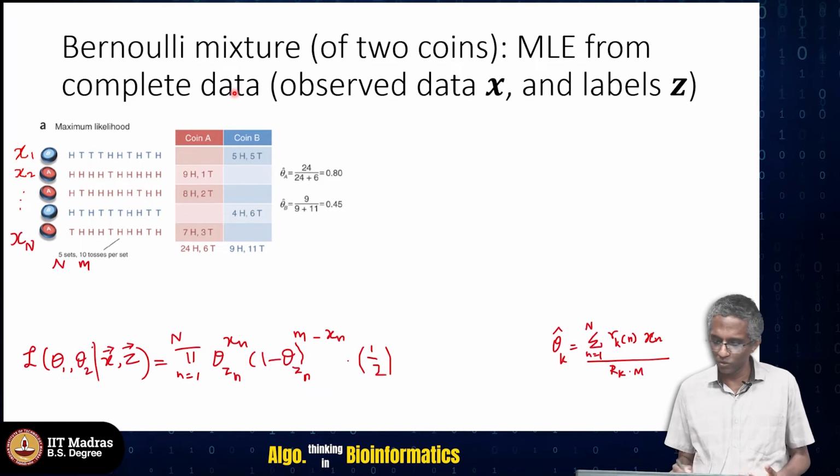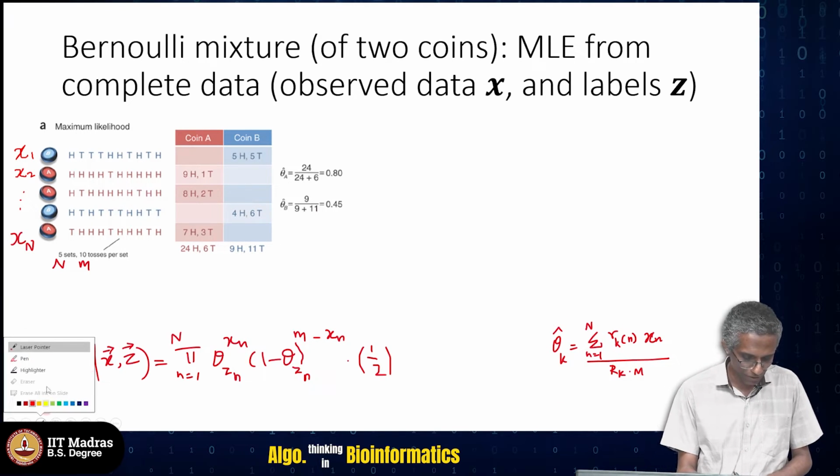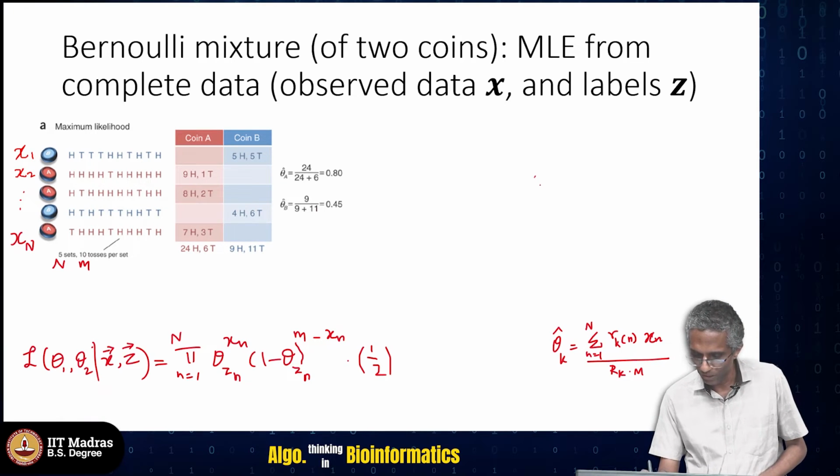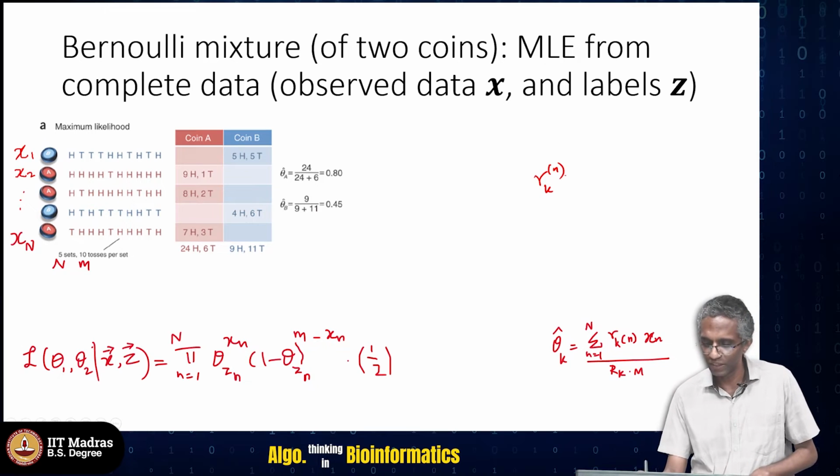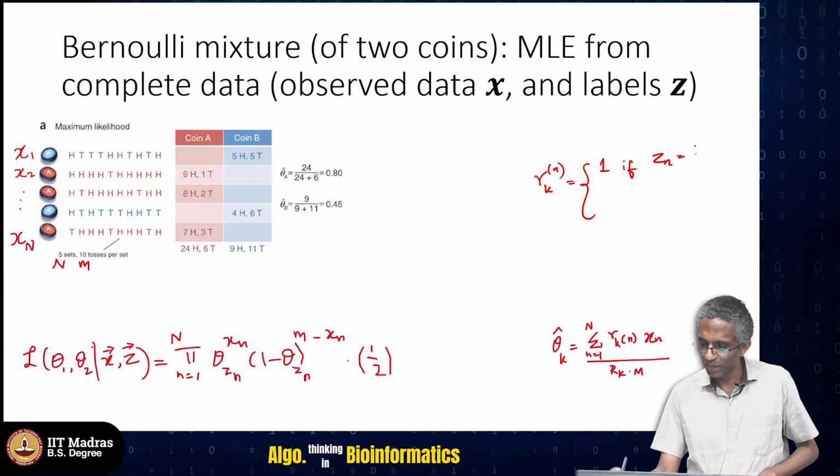Okay. So, there is a nice closed form solution, and you can write it also in this way, right. Let us say that we define this term Rk of n to be the following. Rk of n is like a one hot encoding vector of z of n, right. So, Rk of n is going to be 1 if zn equal to k and 0 otherwise.